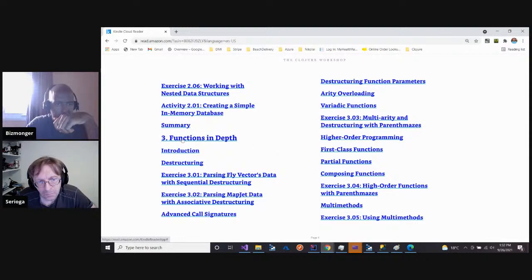And then chapter 3 goes into detail about functions, which should be interesting. I don't know what multi-arity means. This is functions with one argument or two arguments or three arguments. So this is arity, how many arguments a function has.